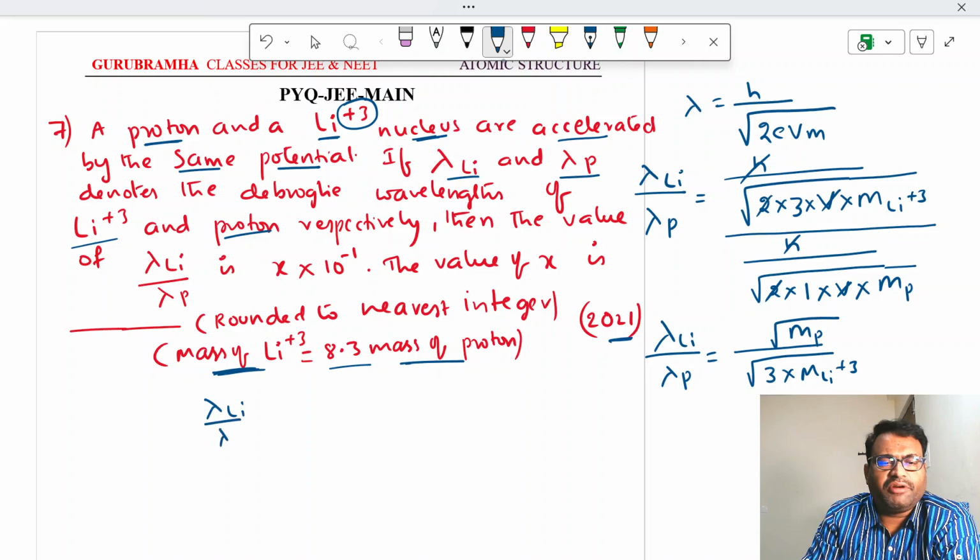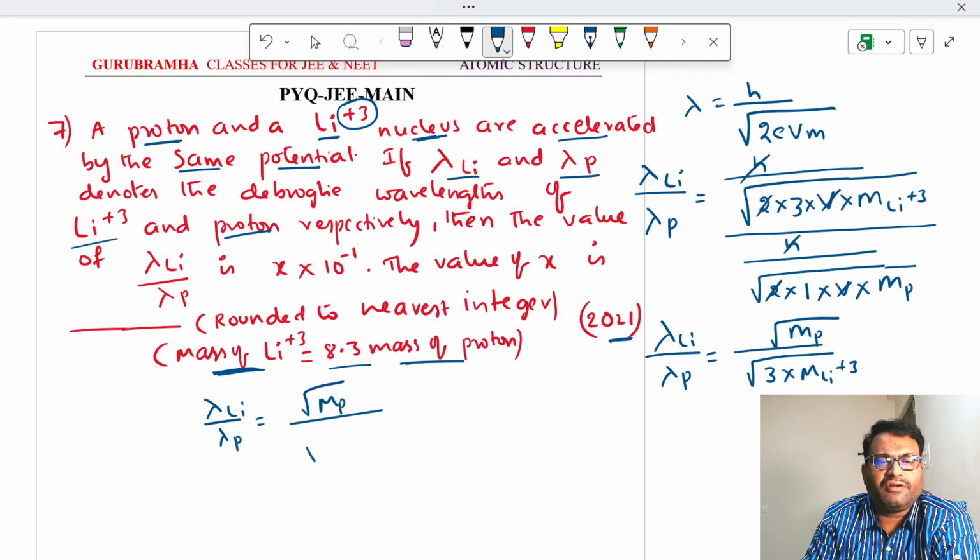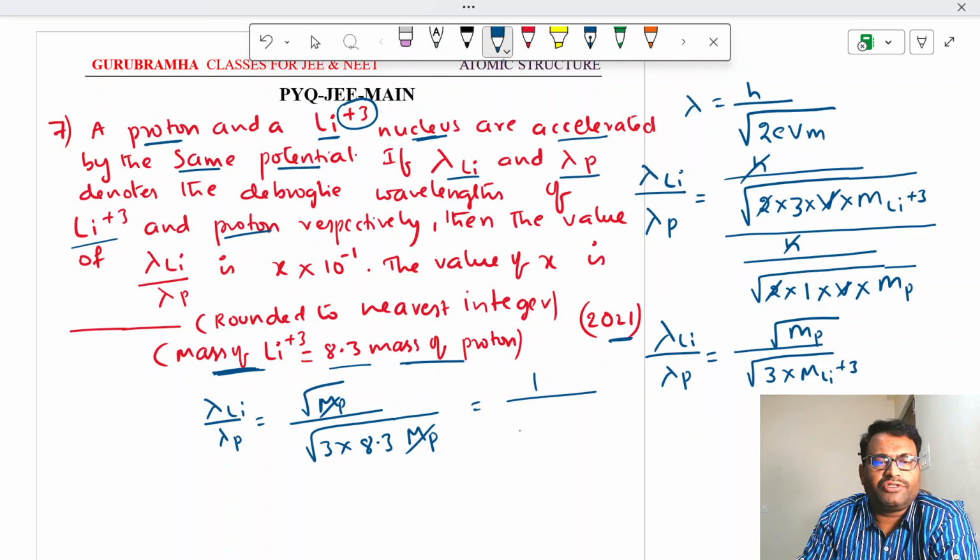Lambda Li by lambda proton is equal to mass of proton by root 3 into mass of lithium, which is 8.3 times the mass of proton. Mass of proton, so these two get cancelled. Then what do you get? 1 by root 3 into 8.3.